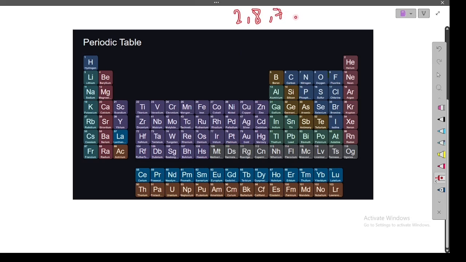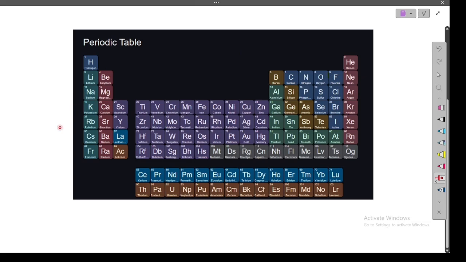So it just needs one more electron to get the octet filled, like argon. So sodium easily gives an electron and chlorine takes it. So they make a bond and they form the salt called sodium chloride.